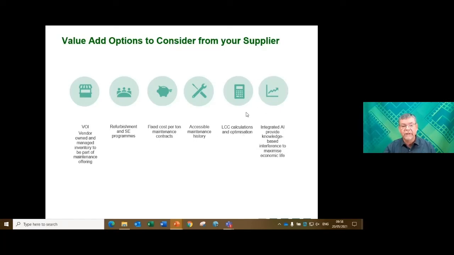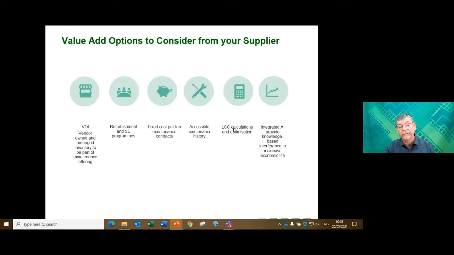Life cycle calculations and optimization. On the surface it's a very simple process, but it helps you to put the life cycle costing and the cost of separate elements in perspective. You add that to value engineering and look at the cost benefit situation in improving certain elements.